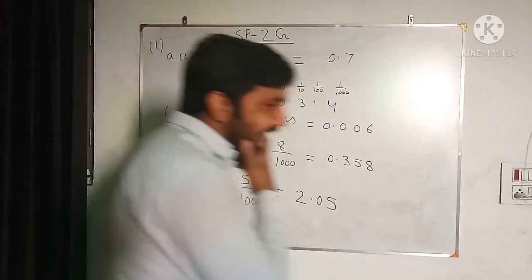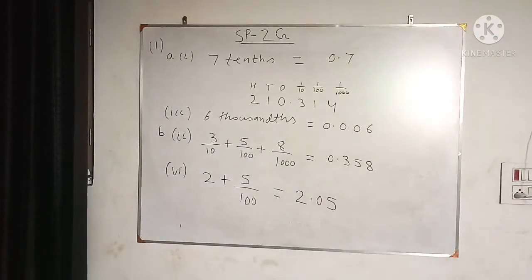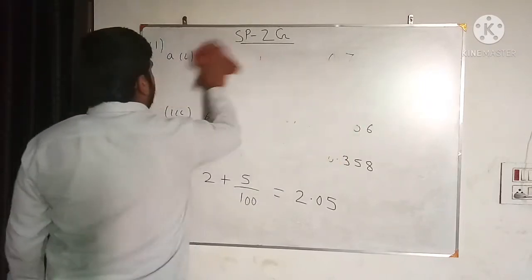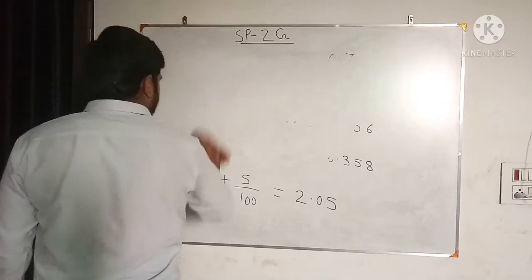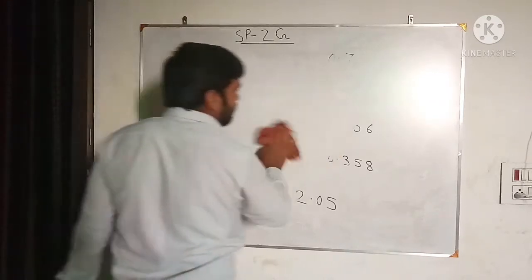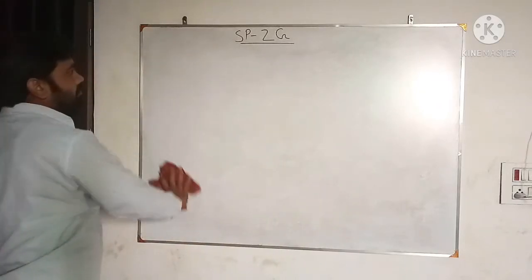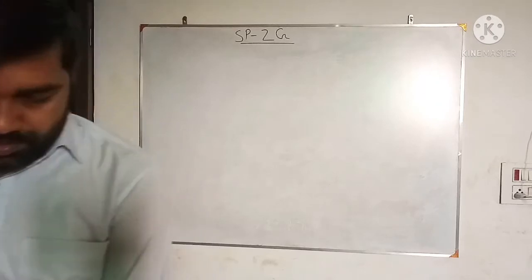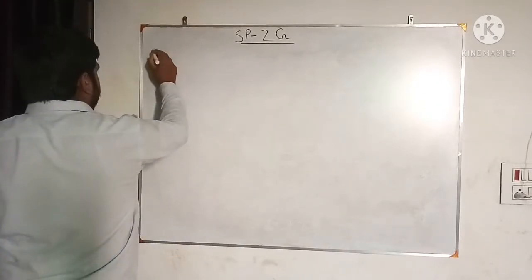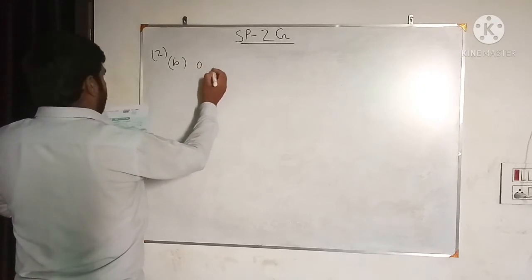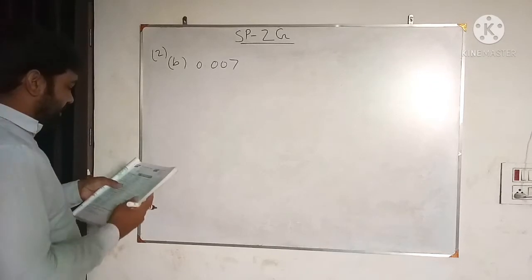Write in expanded form. Now see the question number 2, 2b. 0.007, and this we have to write in expanded form.